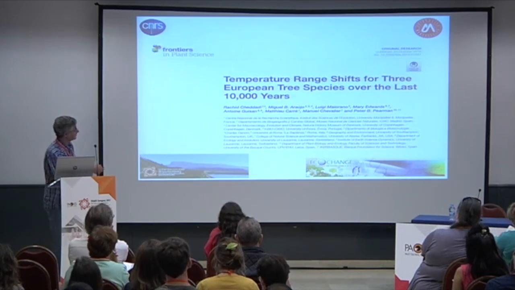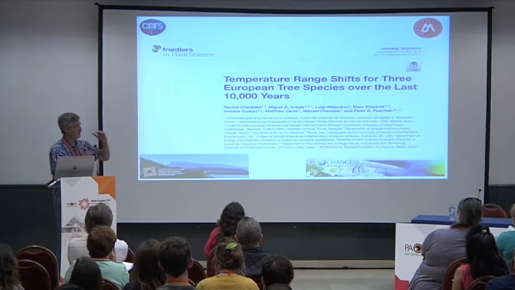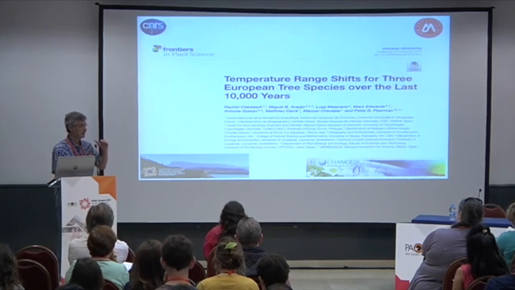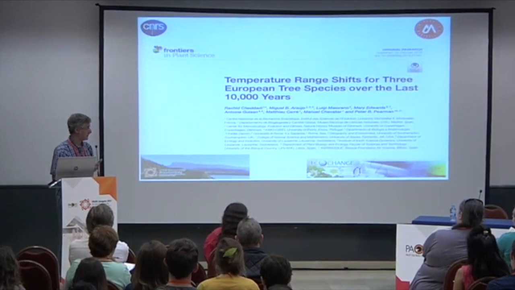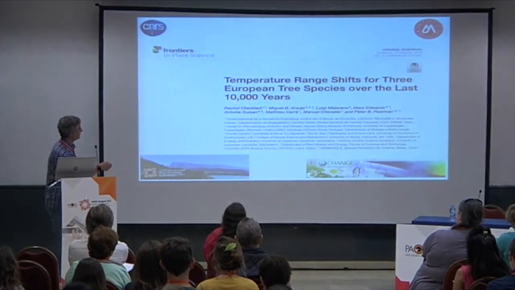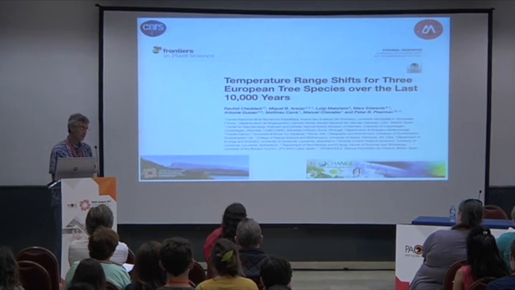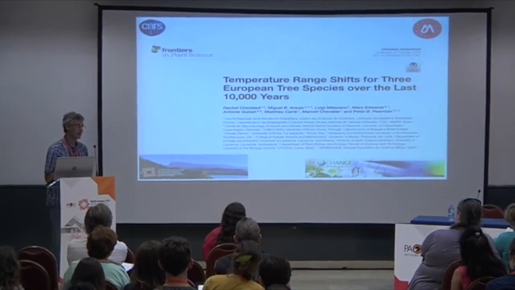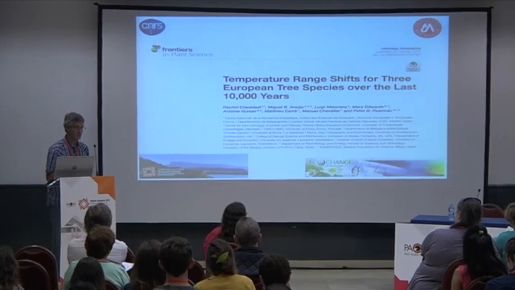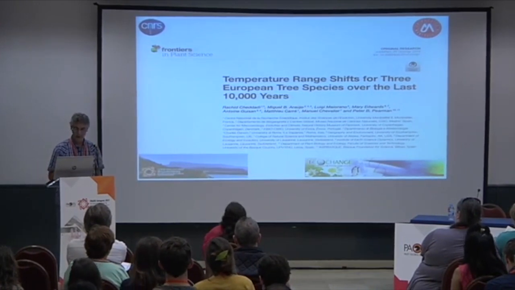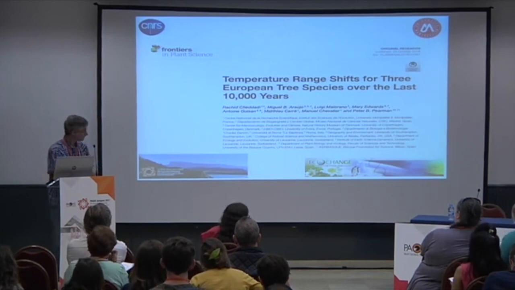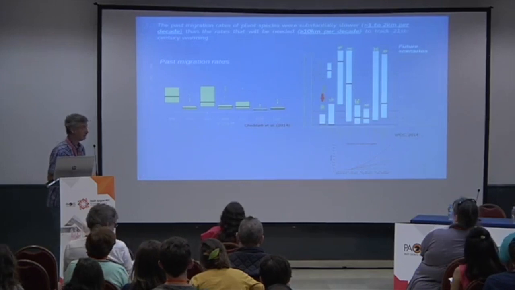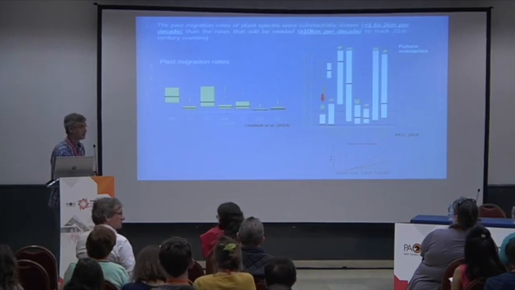And we looked at the range of January temperature for 3 species, silver fir, spruce, and beech, over the last 10,000 years. So I was saying that the idea is, do species adapt, move, or die? In fact, when we look at this data, we can have some clues about these 3 questions. In terms of moving, this is something that is now more or less clear.